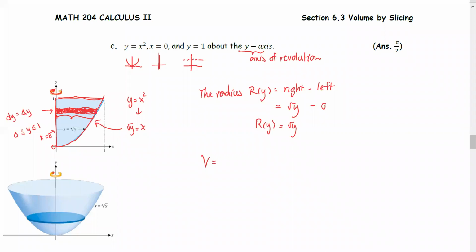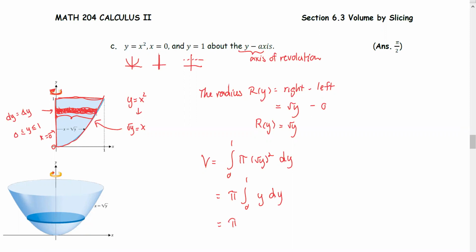Set up the volume. V equals the integral from 0 to 1 of pi times the radius squared, or square root y squared, multiplied by the thickness, which is with respect to y. Or we get pi times the integral from 0 to 1 of y with respect to y.